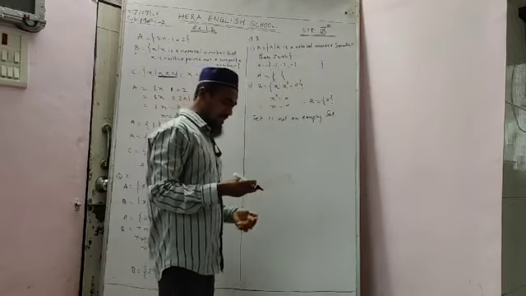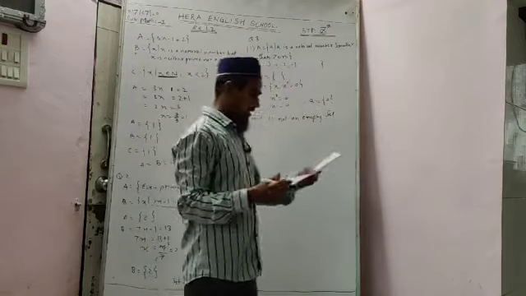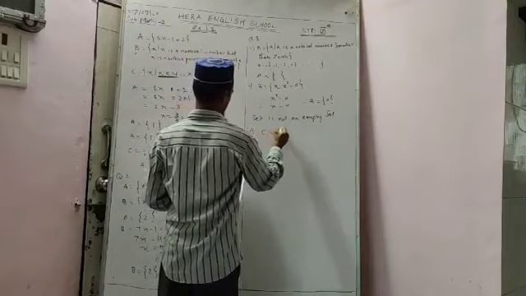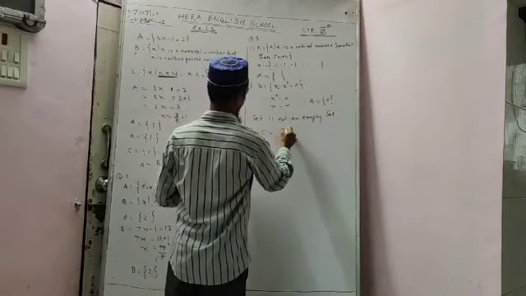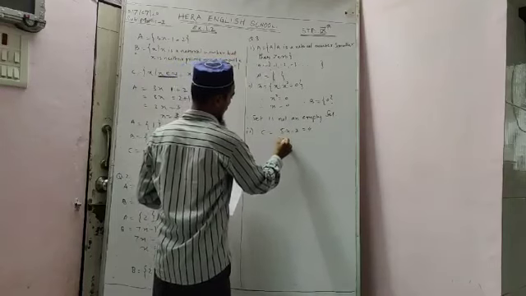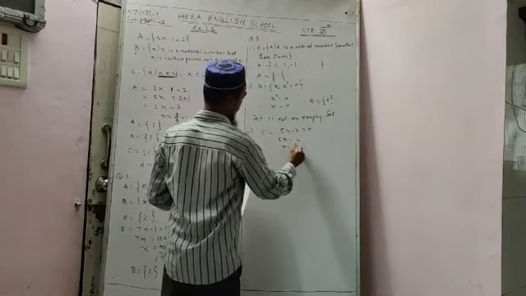Now in set C, the third one, we have the statement 5x minus 2 is equal to 0. If you solve this, 5x minus 2 equals 0, bring the 2 to the right side and you get plus 2, so x is equal to 2 by 5.